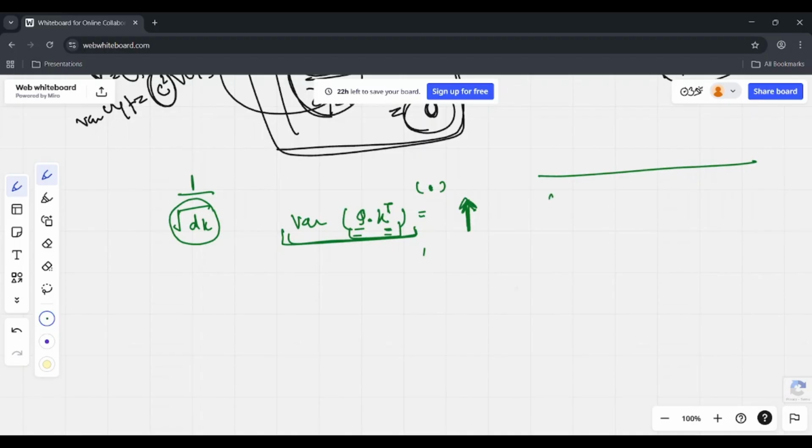So if some values are, let's say, 0.4, and some values are, let's say, 10, then what will happen when we apply softmax on these values? The value that is bigger will be closer to 1, and the value that is smaller will be closer to 0.